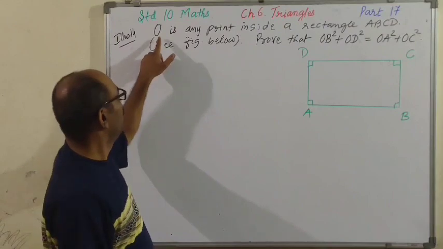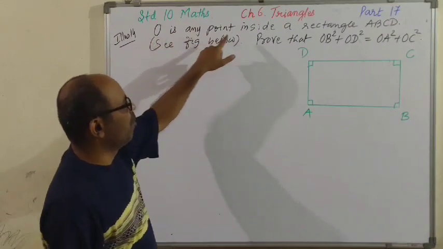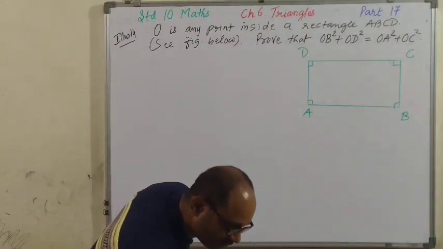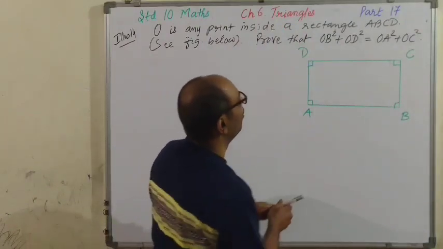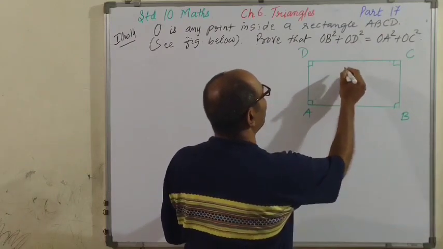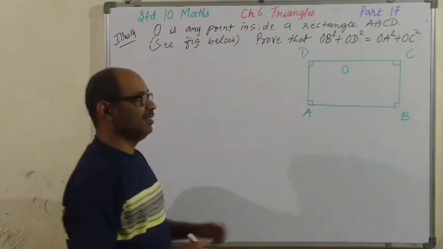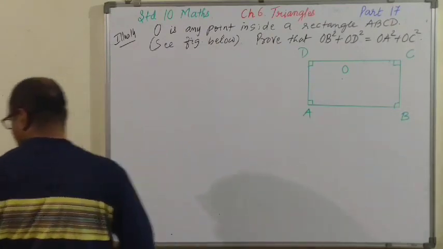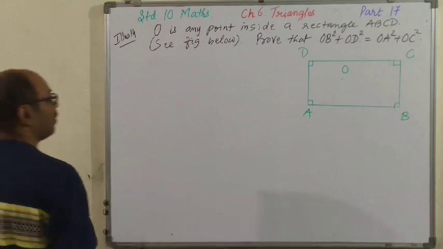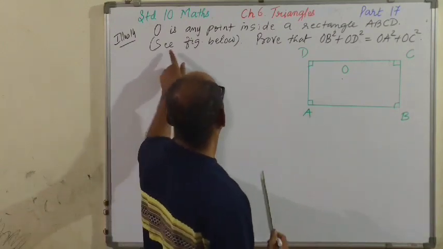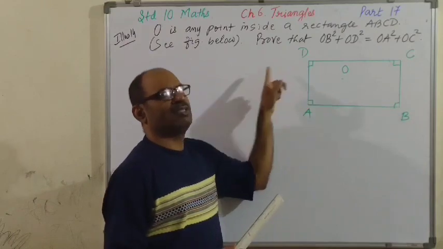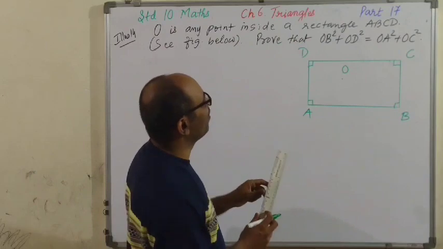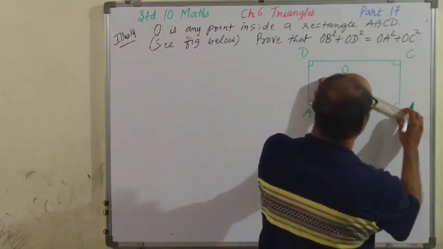See the statement? O is any point inside a rectangle ABCD. All right? Here. This is rectangle ABCD and O is any point in rectangle ABCD. See figure below. O is inside rectangle ABCD. Prove that OB square, where is OB? Here.